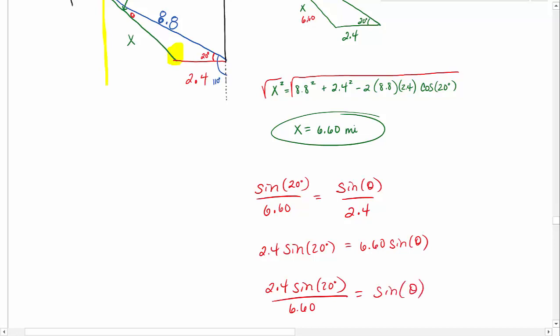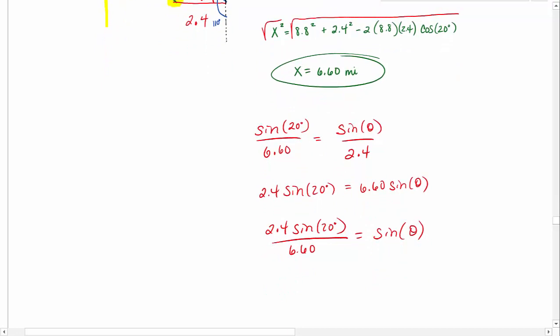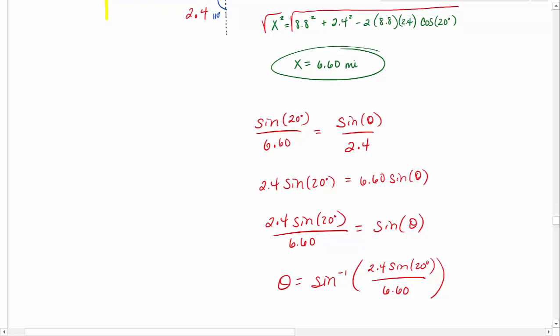And then to get theta, we'll just have to do inverse sine of that big fraction. We'll plug all this into our calculator, and we're rounding to the nearest hundredth.